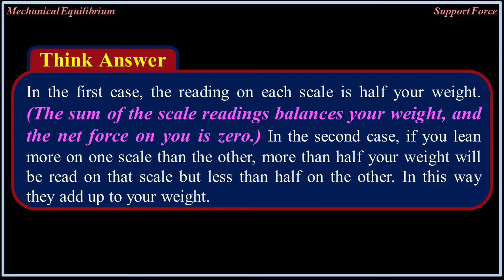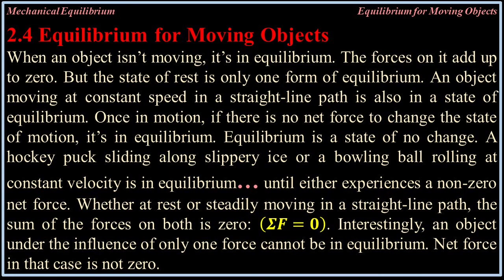The sum of the scale readings balances your weight, and the net force on you is 0. In the second case, if you lean more on one scale than the other, more than half your weight will be read on that scale, but less than half on the other. In this way, they add up to your weight.